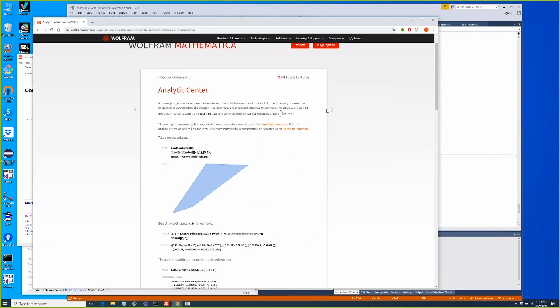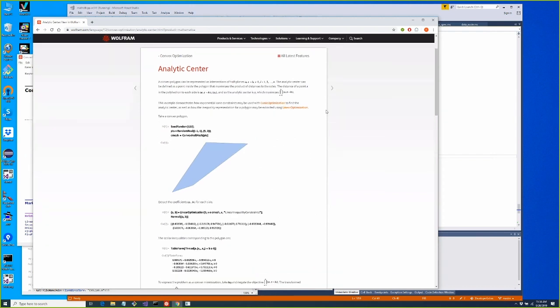Okay, so here's an example of a conic optimization problem. I've talked about second order cone optimization and semi-definite optimization. Now, a generalization of all that is something we've named conic optimization.